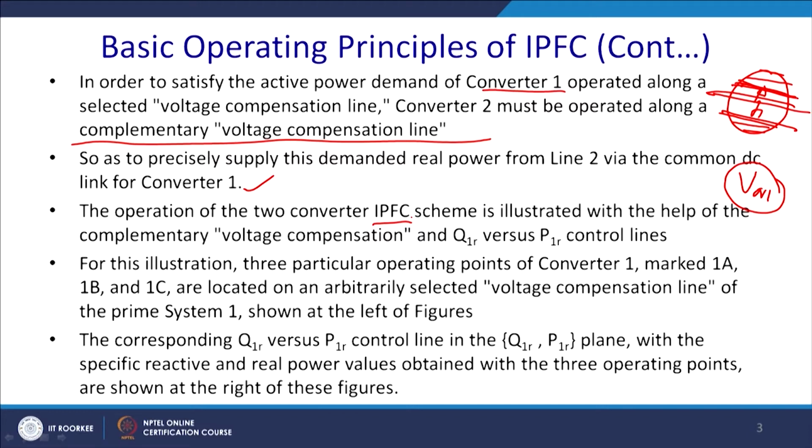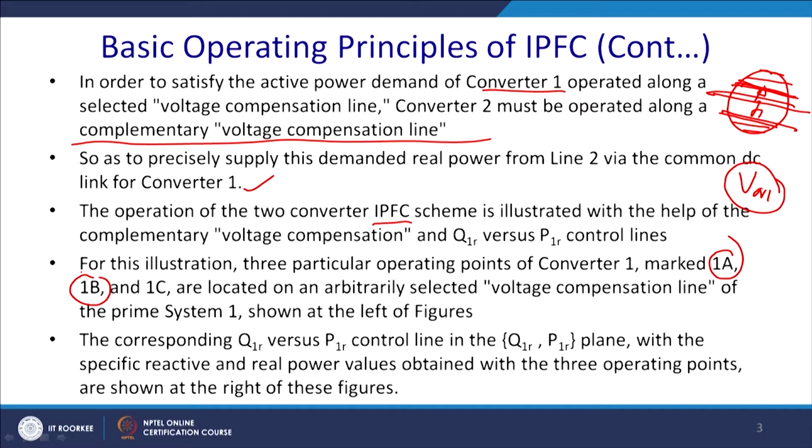For these illustrations, let us take some examples. Three particular operating points of converter 1, marked A1, B1 and C1, are located on an arbitrarily selected voltage compensation line. We will see that in the next slide. So, we mark A1, B1, C1; these are the 3 operating points of IPFC converter 1.